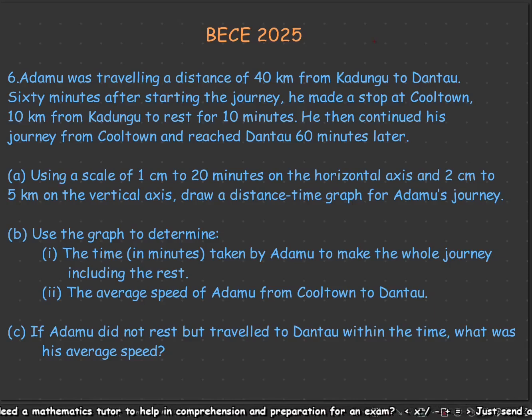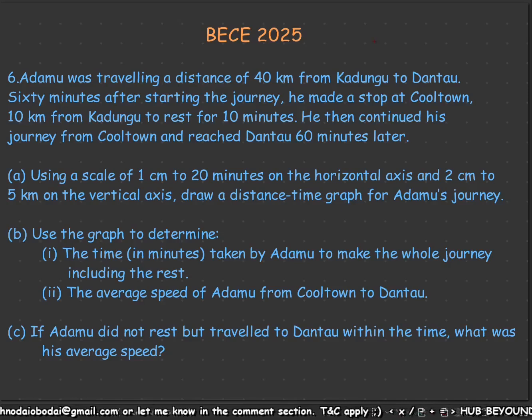It says Adamu was traveling a distance of 40 kilometers from Kudungu to Dantua. That is 60 minutes after starting the journey, he made a stop at Kutown, which is 10 kilometers from Kudungu, to rest for 10 minutes. He then continued his journey from Kutown and reached Dantua 60 minutes later.